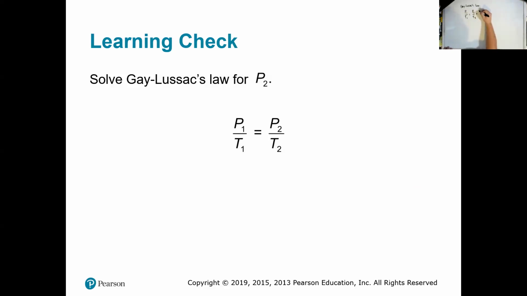Again, it looks very similar to what we were doing with Charles' law. Here, our unknown is already in a numerator position, which makes our work a lot easier because we just have to multiply both sides by T2. And then what we're left with is going to be T2 times P1 divided by T1. And that's going to give us our new pressure, P2.